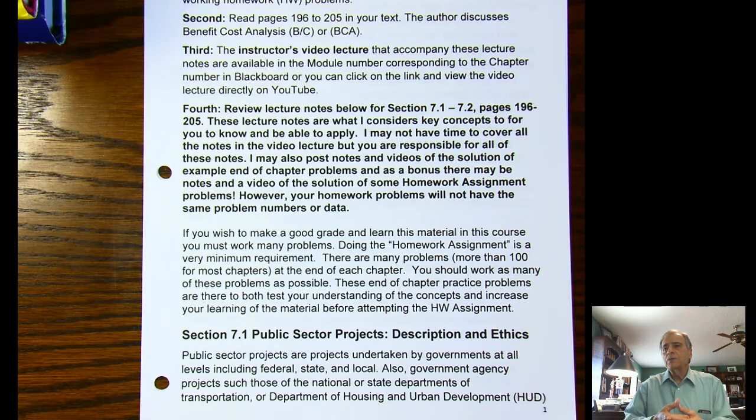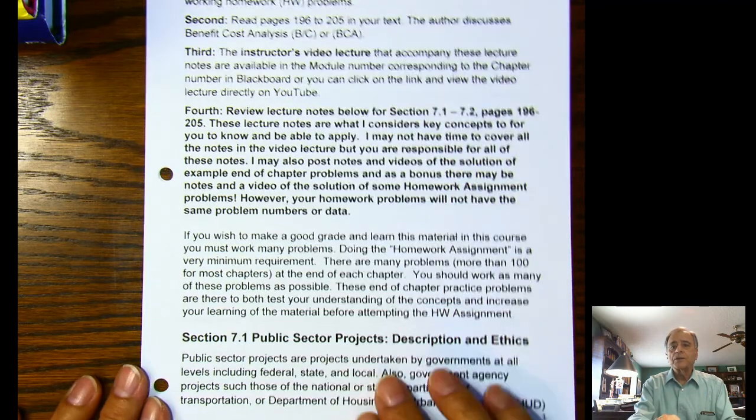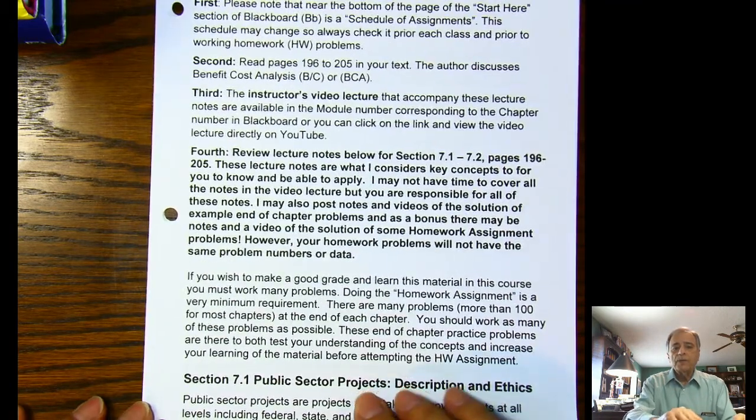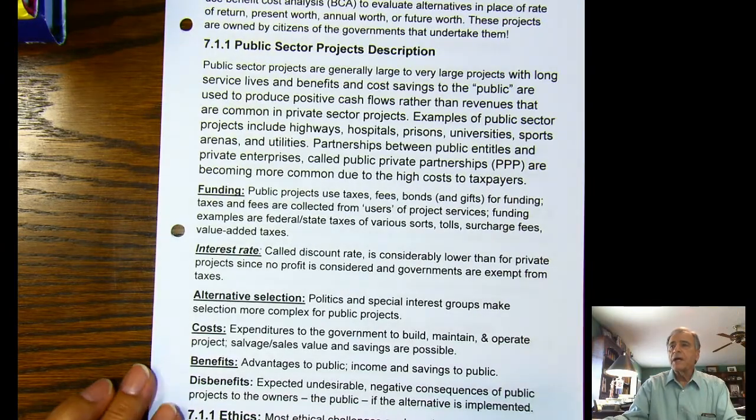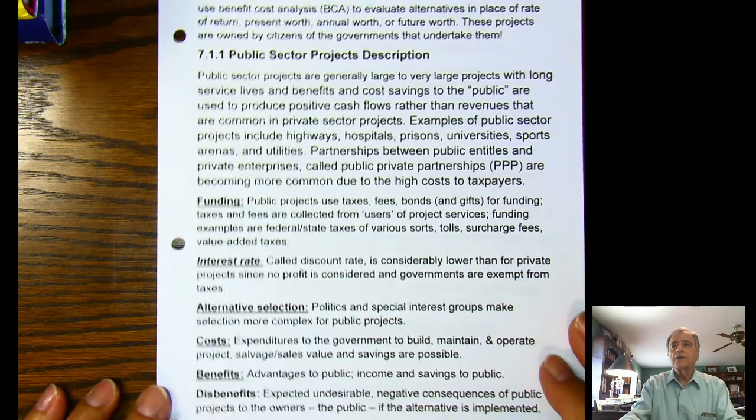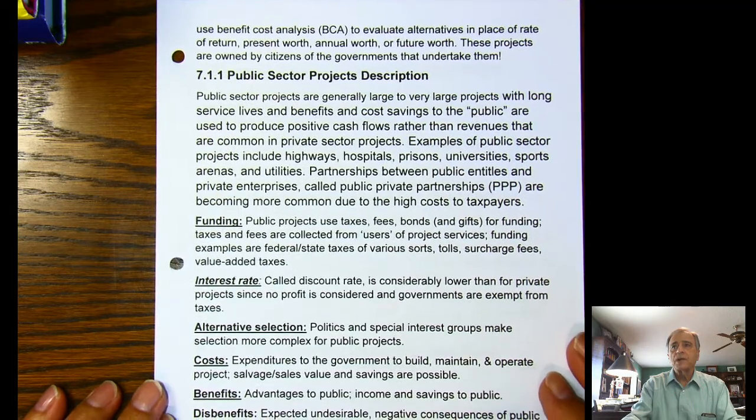We could also be talking about government agencies, such as the highway department or the housing department of these various levels of government, the federal, state, or local. So benefit cost analysis is used for government type projects that are not private sector projects.